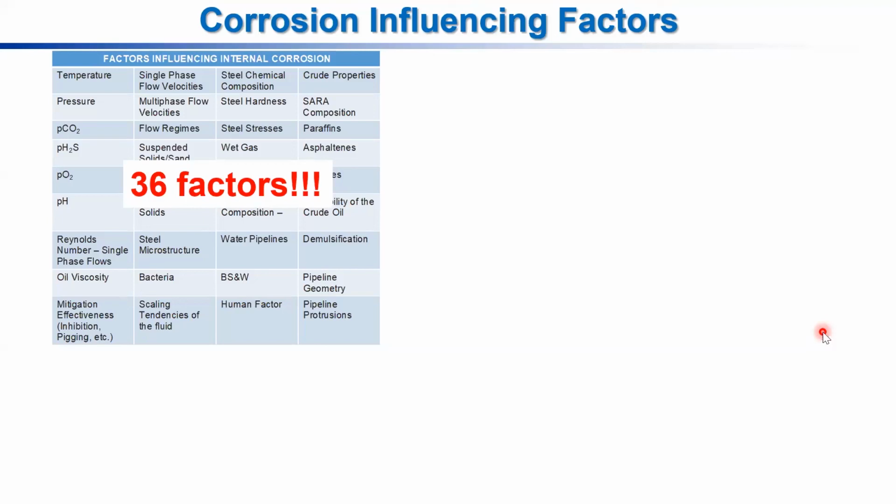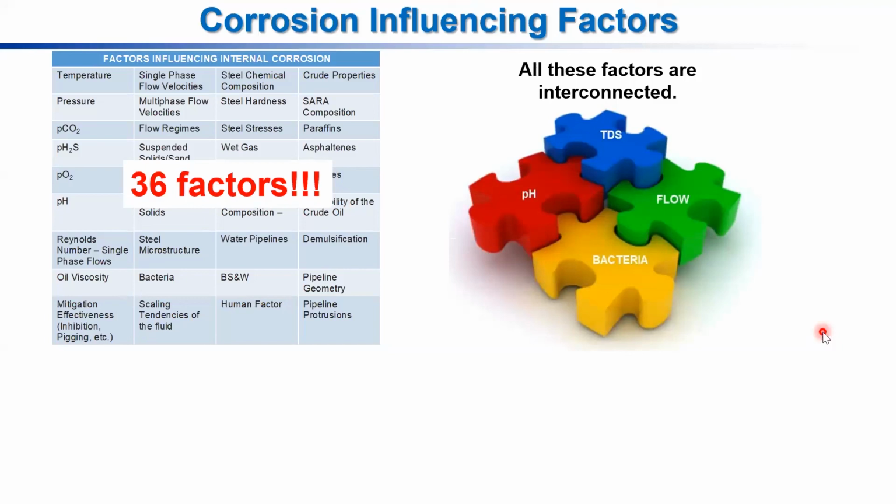And the amazing thing is that all these factors are interconnected. We need to understand each one because each one will affect the others. And then to assess and evaluate internal corrosion, we need to know how all these factors come together.